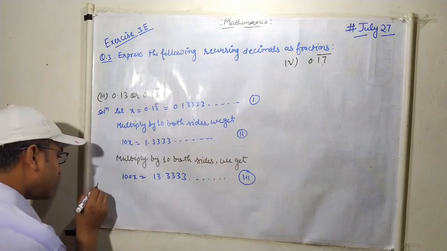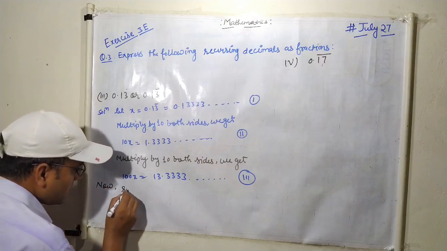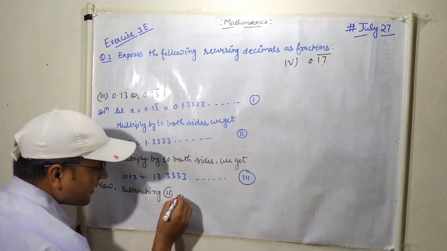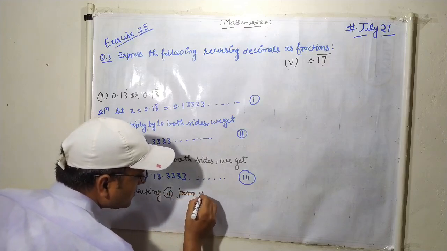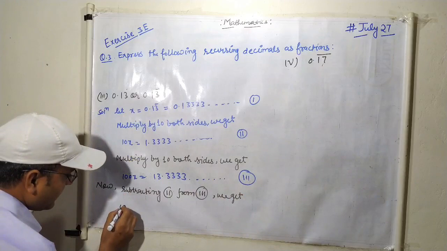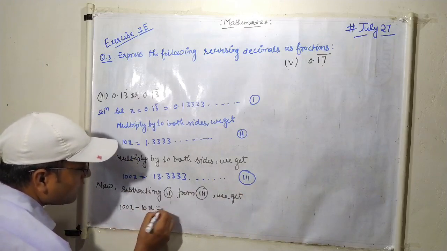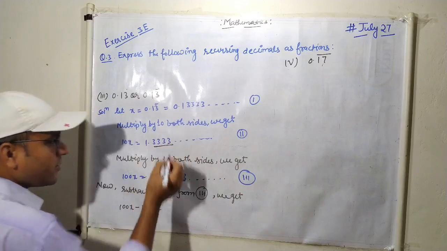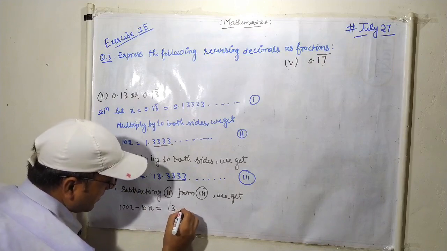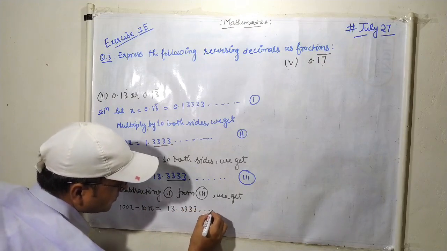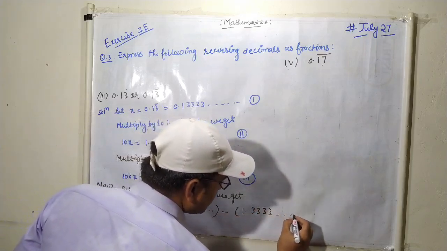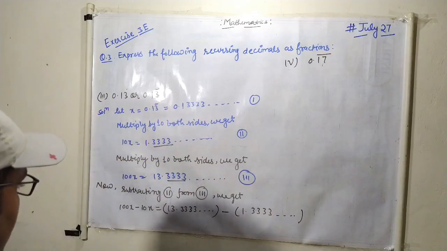Okay, now subtracting equation second from equation third, we get, so right side 100x minus 10x is equal to, if you are subtracting, then your decimal part should be 0 and 13 minus 1, so I will write this one, and so on, minus 1.333 and so on.